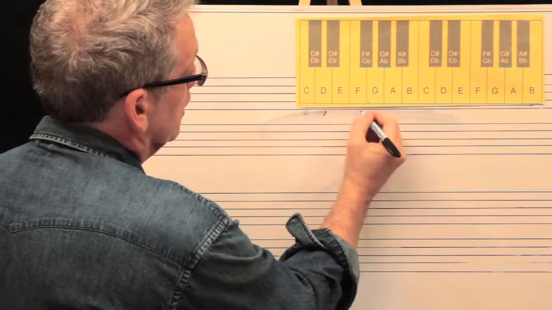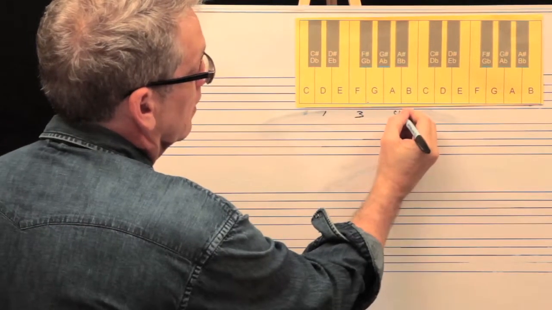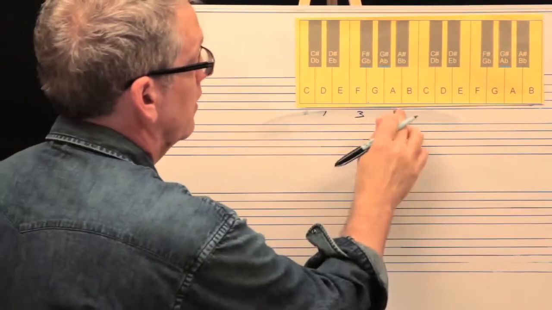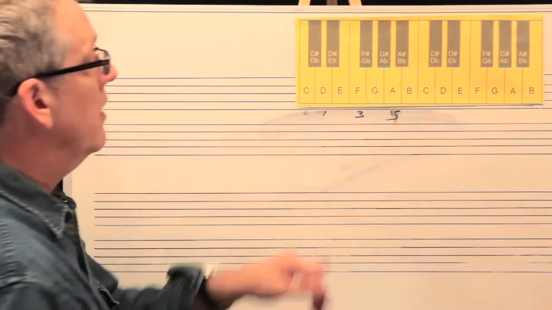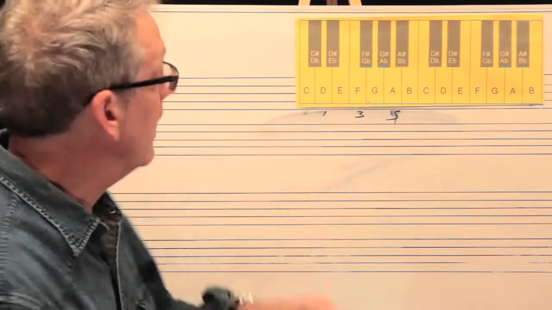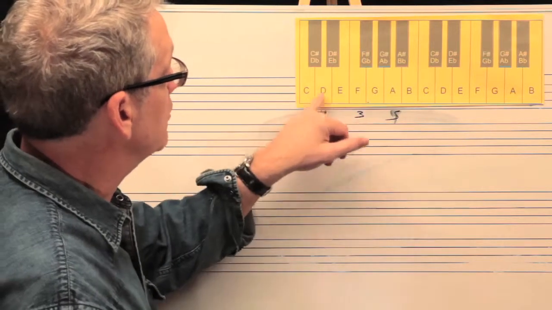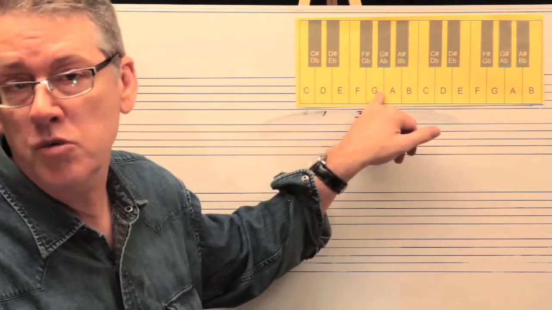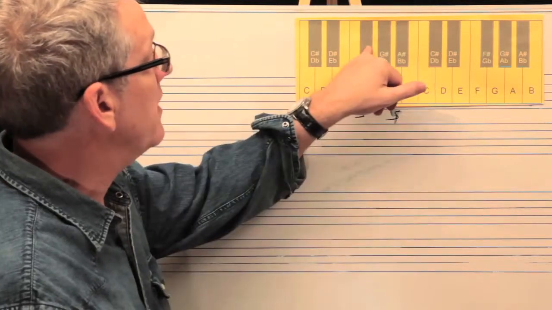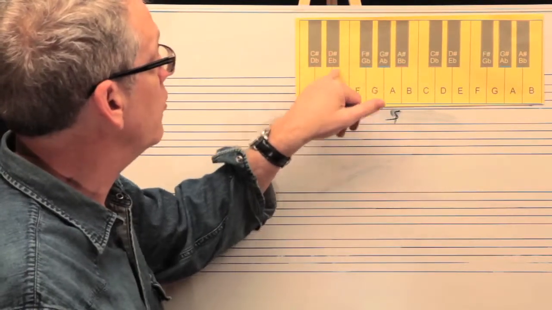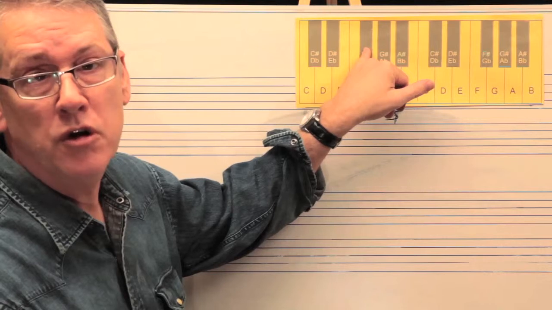Since here's D, there's 1, 3, 5, D minor. Since we have to stay with the white notes because we're in the key of C, it wouldn't be the F sharp, which is 4 half steps up to the major third.